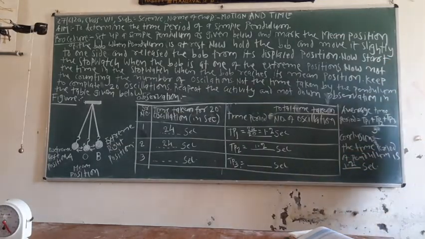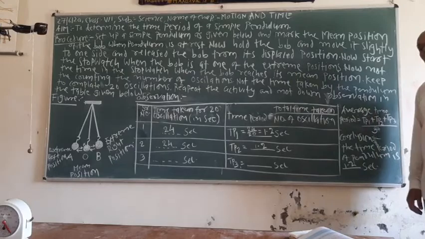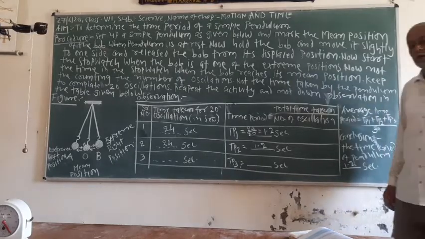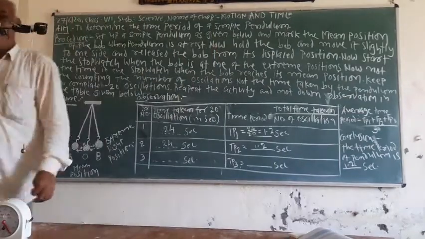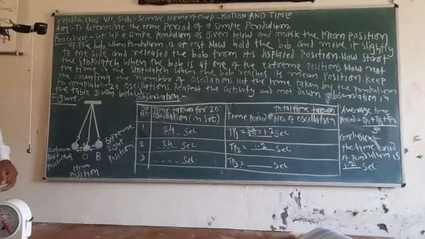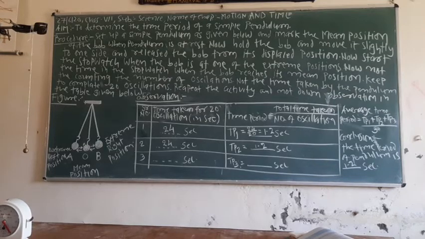In this way, we conclude that the time period of this pendulum is 1.2 seconds. So, dear students, in this way we determine the time period of a simple pendulum. Thank you.